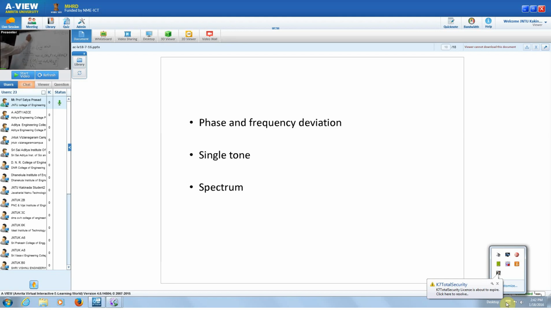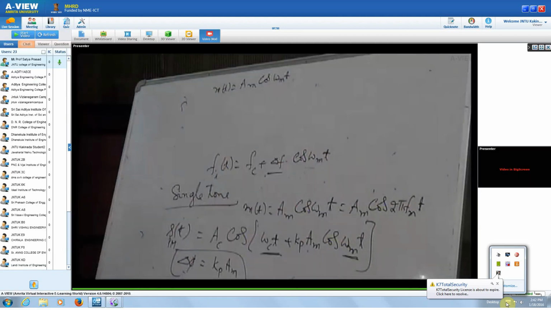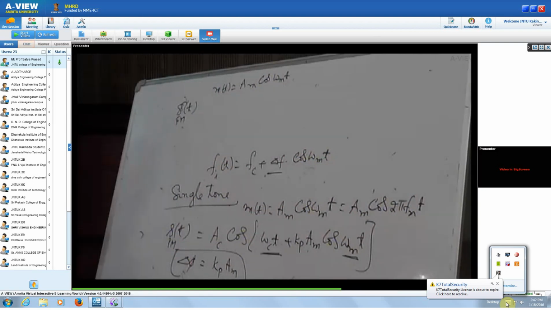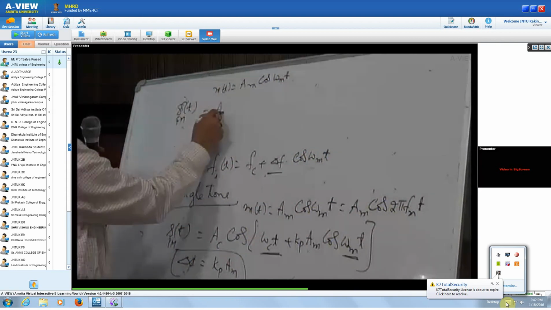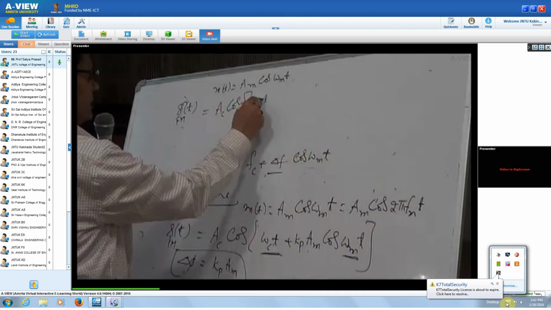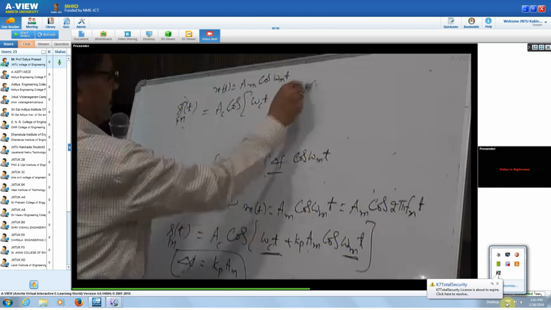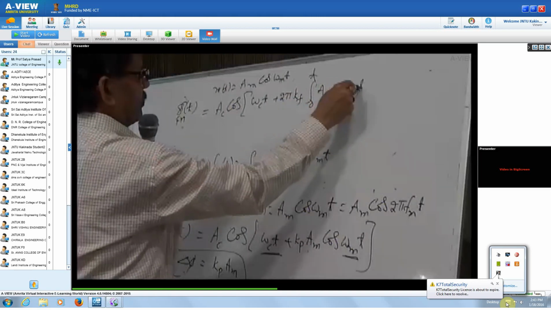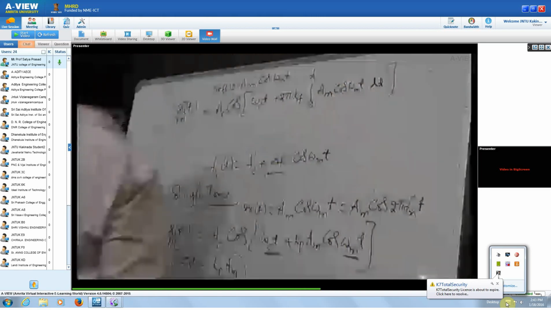So we are having our m of t equal to Am cos omega m t. What will be our s of t for FM? It is equal to Ac cos omega c t plus 2 pi kf integral from 0 to t of Am cos omega m t dt.